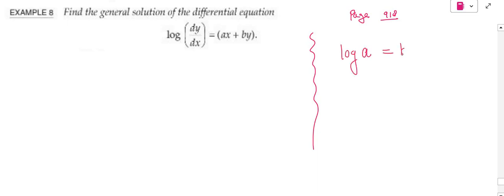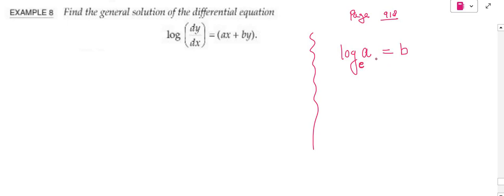So this is the 8th question from R.S. Aggarwal examples. You may find it on page 918. That's where I have it in my book. Okay, so this is the question. Always remember one formula. Whenever you have log of a is equal to b, here the base is e basically, if the base is not mentioned.